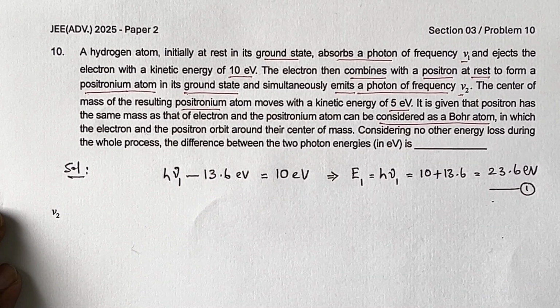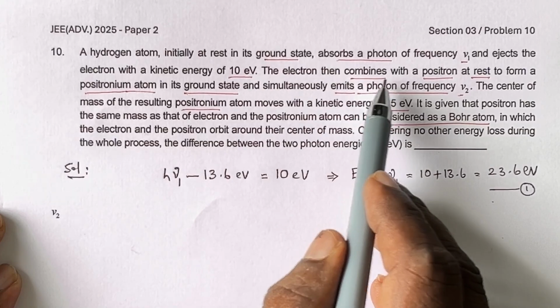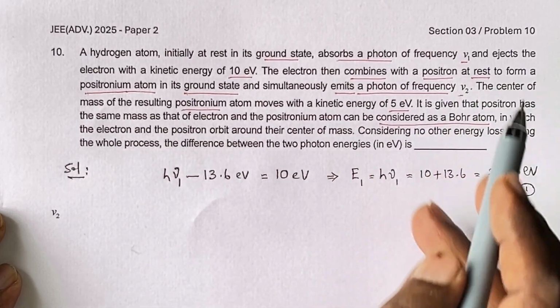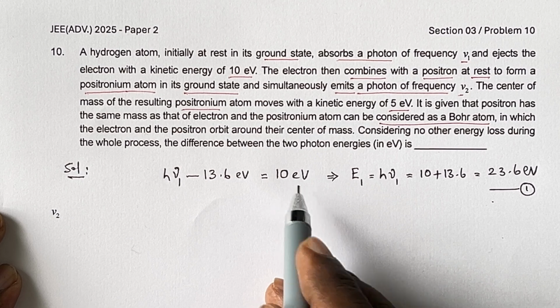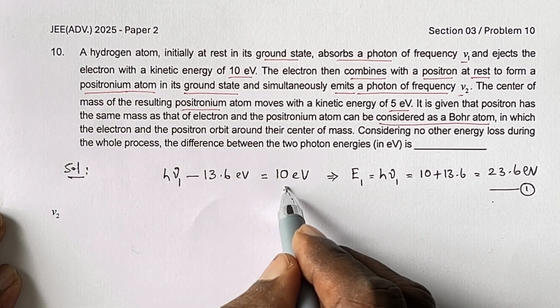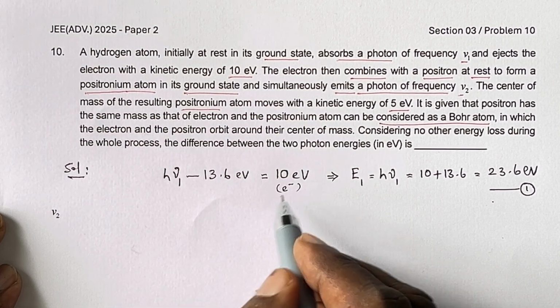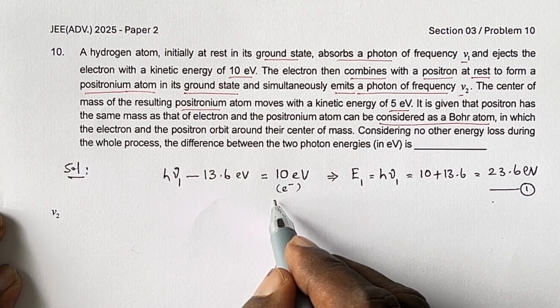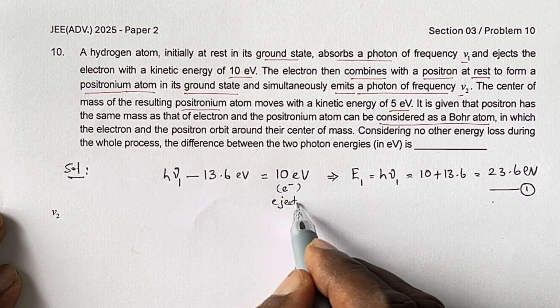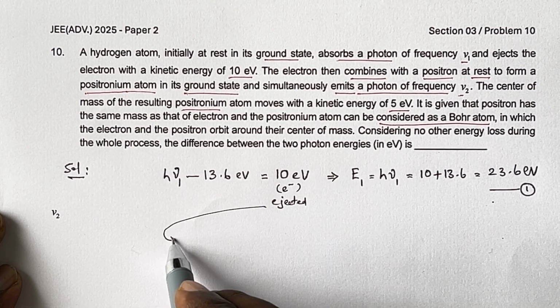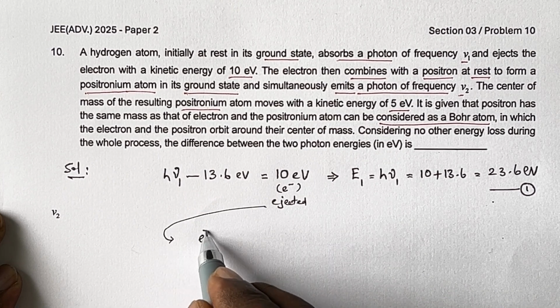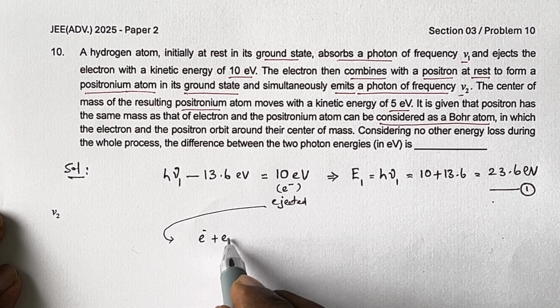Now that is over. The electron then combines with the positron at rest. The electron energy is 10 electron volt. So this is the ejected electron, and it combines with a positron.